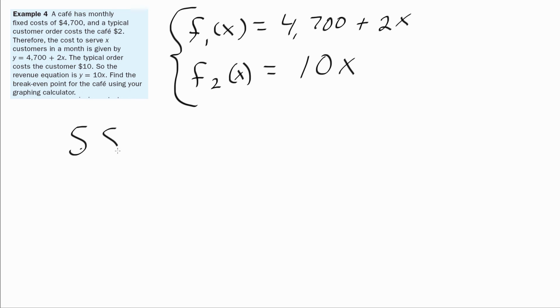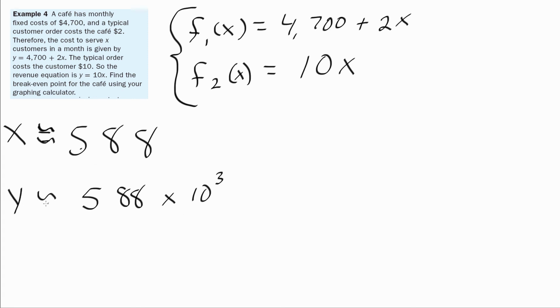So 588 is my x value, and my y value was given as 588 times 10 to the third, and this is actually an approximation. It's close, but not quite. And so my y is approximately, 10 to the third means I move my decimal point over.